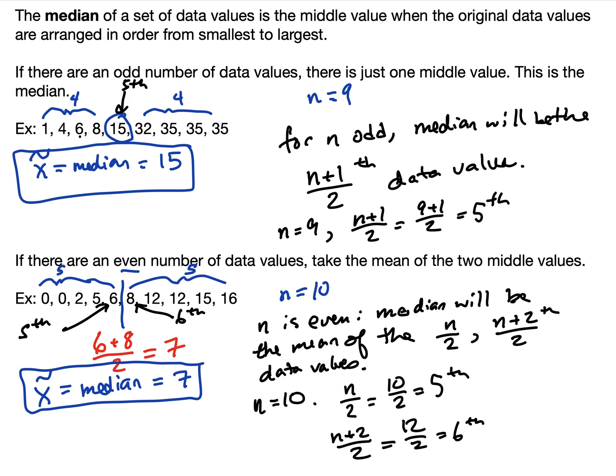This data is already arranged in order. So those two data values, we're taking the average of those. You don't necessarily need those formulas if you're dealing with a small data set like those two, but if we were dealing with a larger data set, we could refer back to those two formulas.